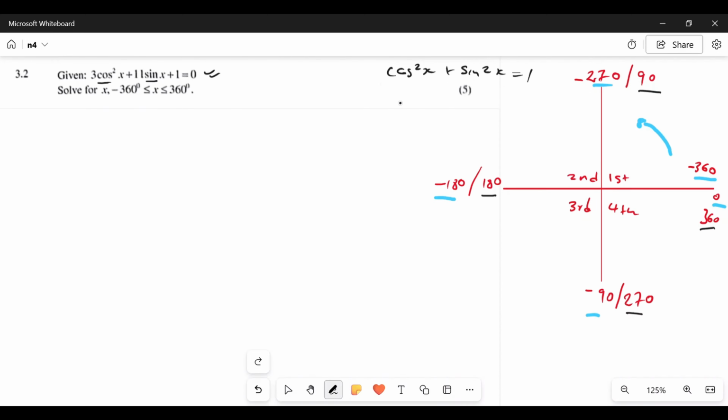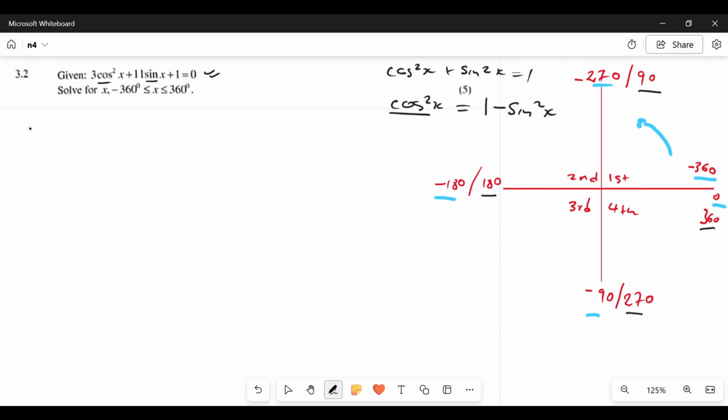So what can we do here? We can write cos squared x equals 1, then we transpose this sine squared x to the right hand side. It's going to become negative sine squared x. So instead of writing cos squared x, we can write 1 minus sine squared x. So let's do it. If you look at our question, we have 3 already.